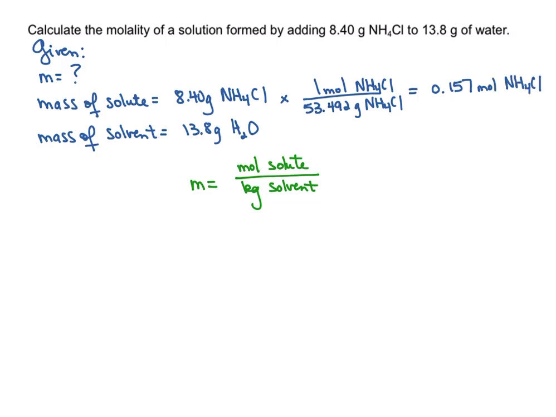I also need my solvent to be in kilograms. So I'm going to go ahead and convert. I know that 1 kilogram of water is 10 to the third grams of water. So this is going to equal 0.0138 kilograms of water.